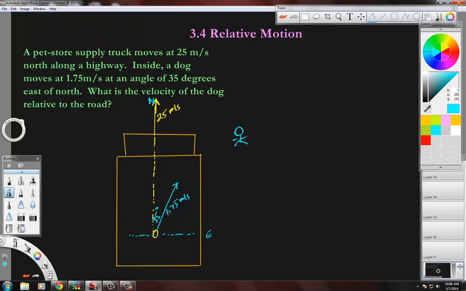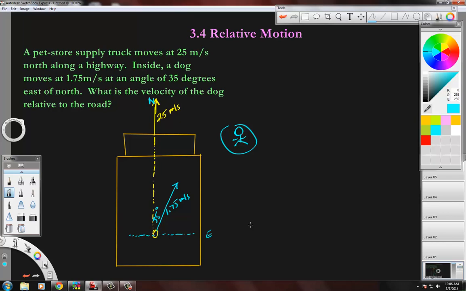All right. We want to know, what is the velocity of the dog relative to this guy outside of the truck on the side of the road? Well, what we need to know is the speed vectors of the dog and the truck, because the dog is moving with the truck.